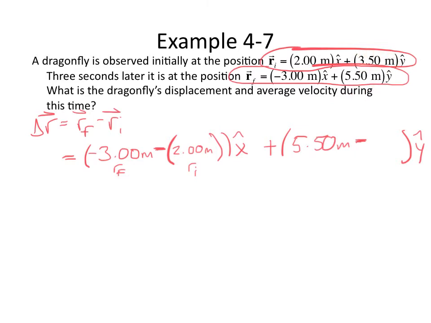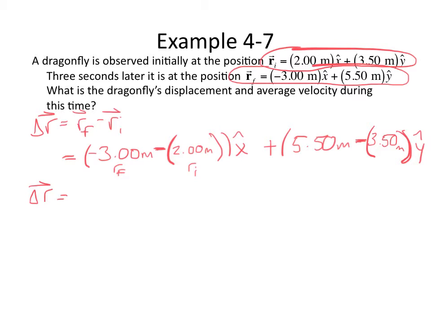So minus 3.50 meters, and that's all in the y direction. It's kind of like we're setting up a chart or a table, but we're just subtracting within parentheses right here. Okay, so delta r, our resultant vector of the r final minus r initial position vectors right here.